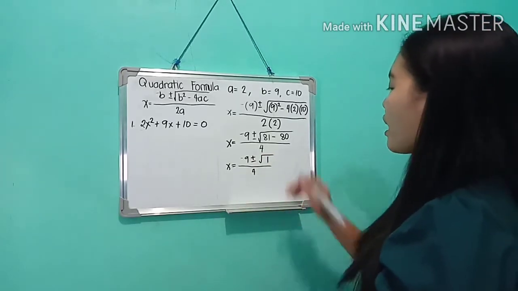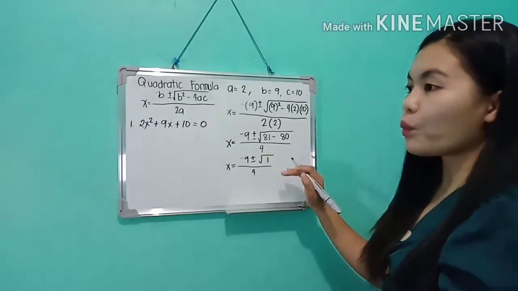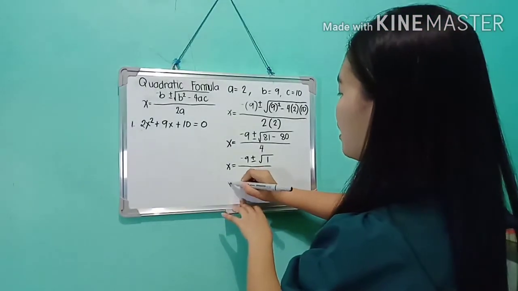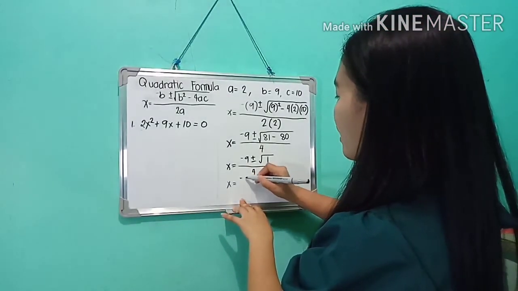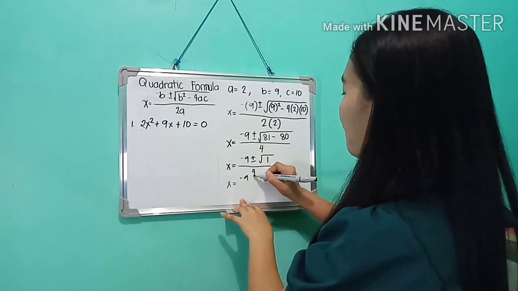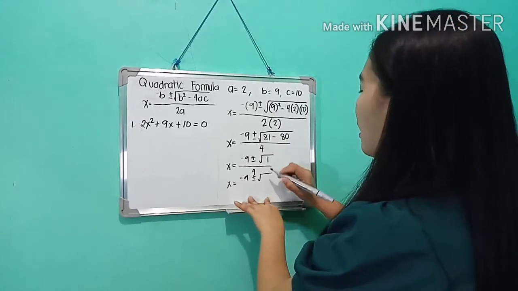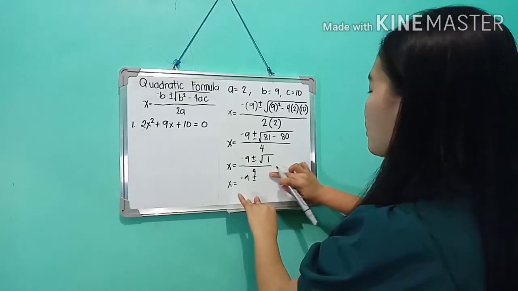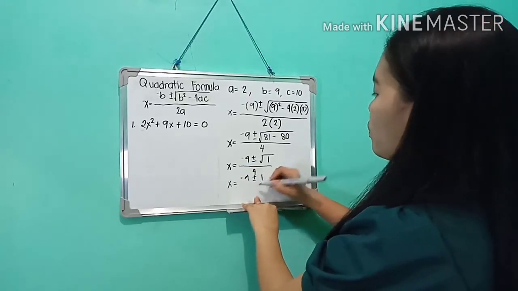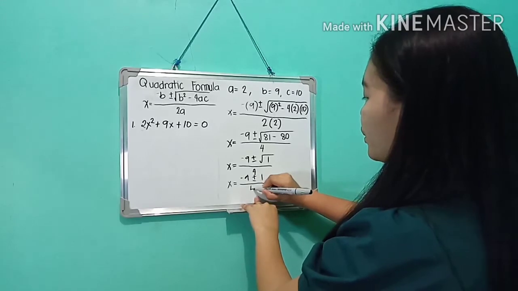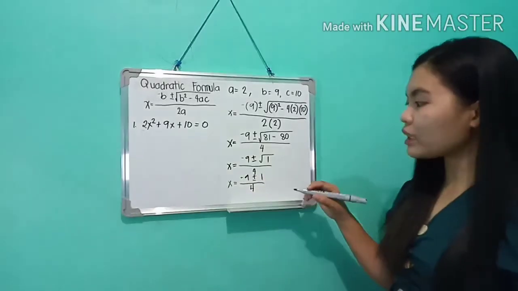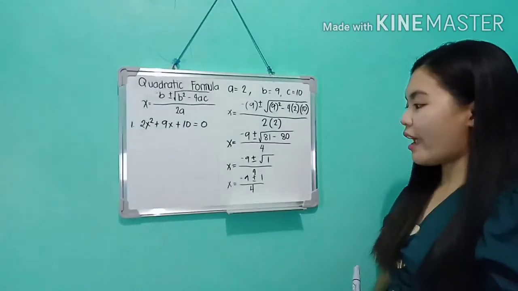Alright, so next we take the square root of 1. Simply, x is equal to negative 9 plus or minus, the square root of 1 is 1, all over 4. So now we have two values of x.